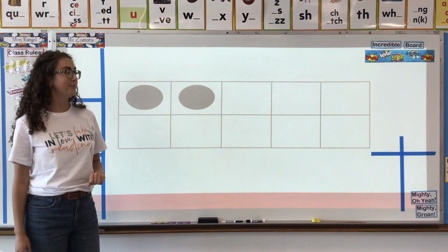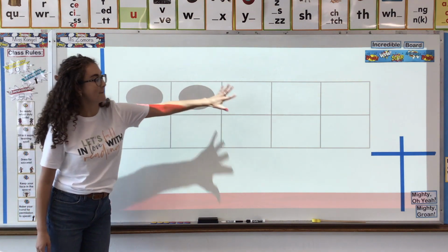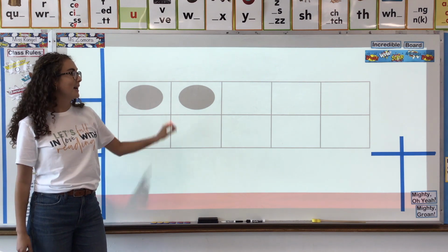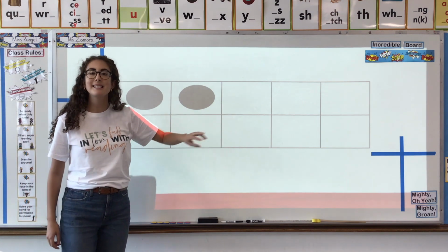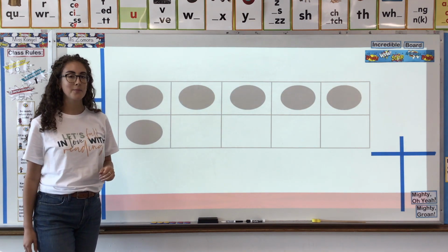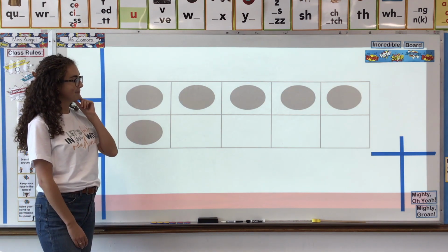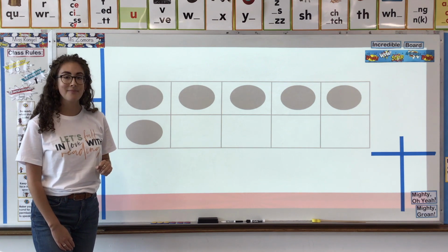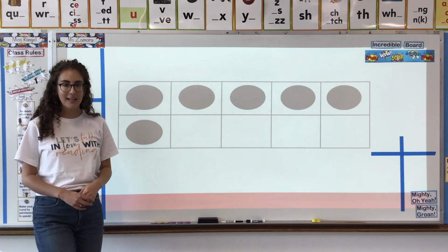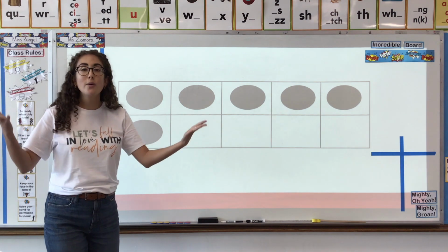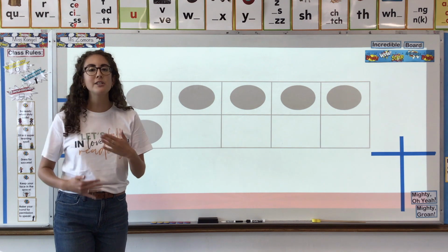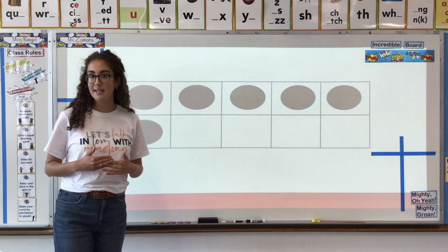And this one. 2 plus 8 equals 10. This one. 6 plus 4 equals 10. So those are all our pairs to 10. This knowledge needs to be fresh in our brain as we learn our new lesson today.